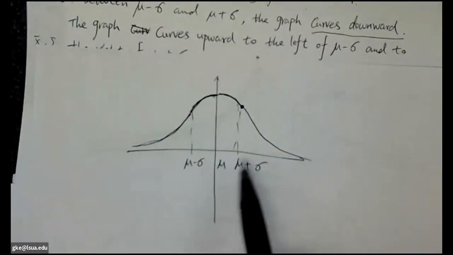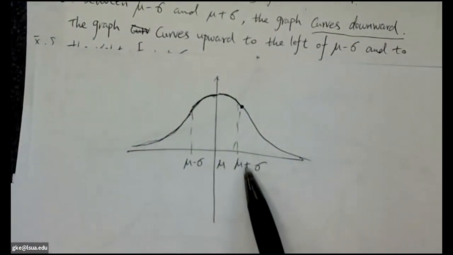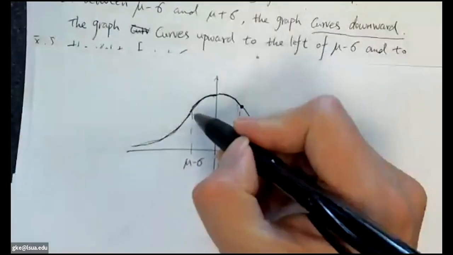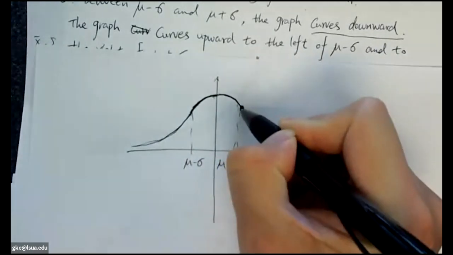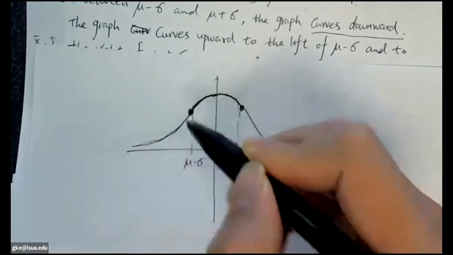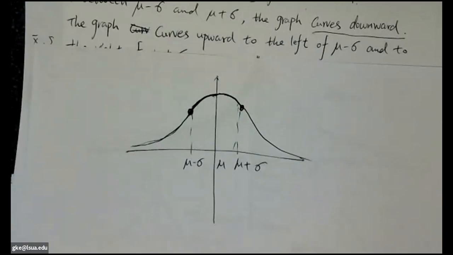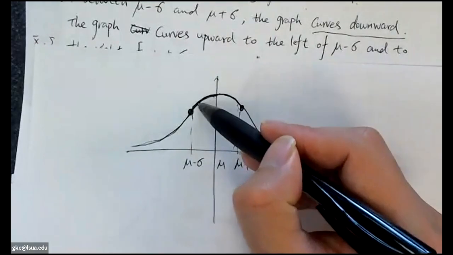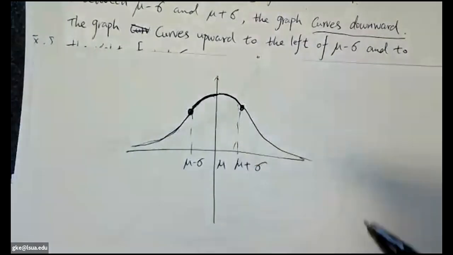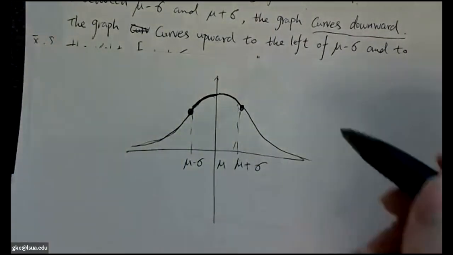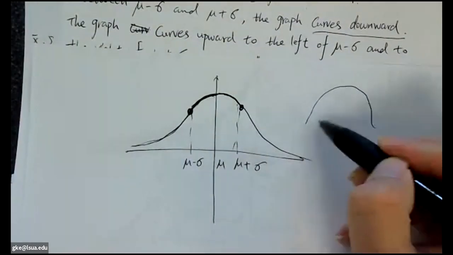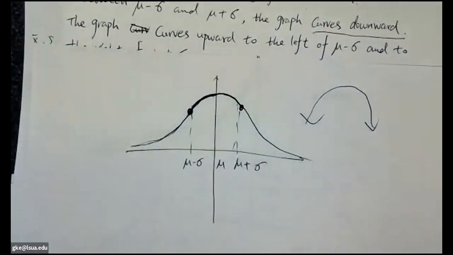Okay, so between mu minus sigma and mu plus sigma, you can see the curve looks like that, right? The curve always curves like that. So that means the curve is downward. So if I give you a curve like that, it's curved downward, right? That's the meaning of curved downward.